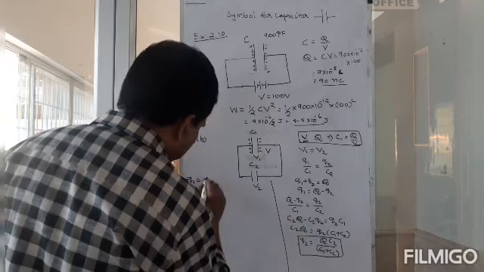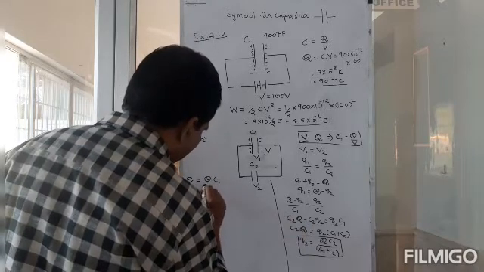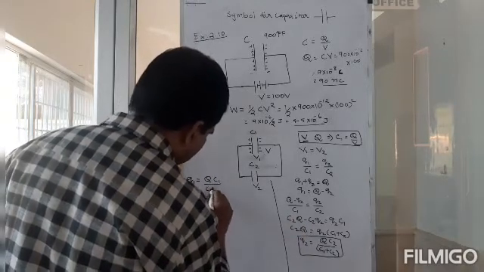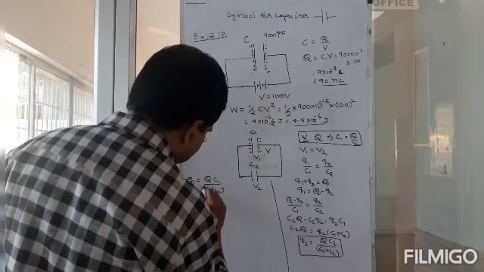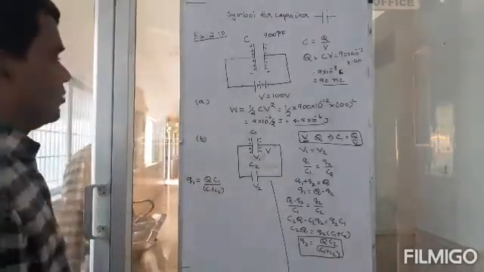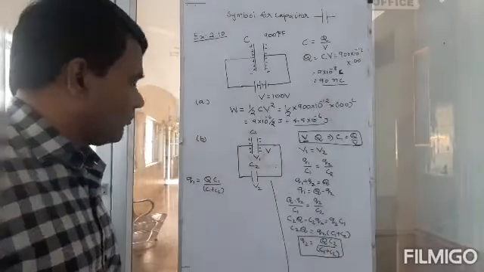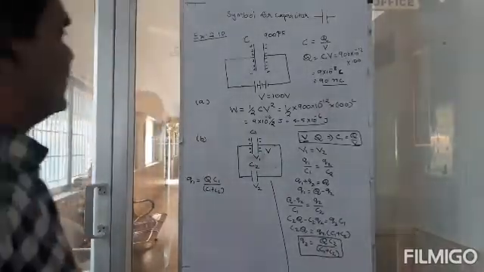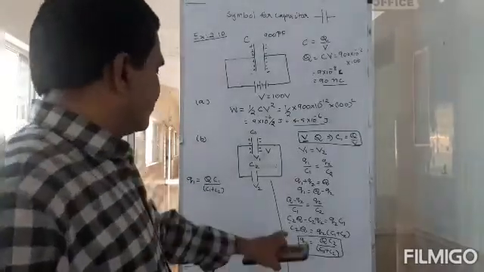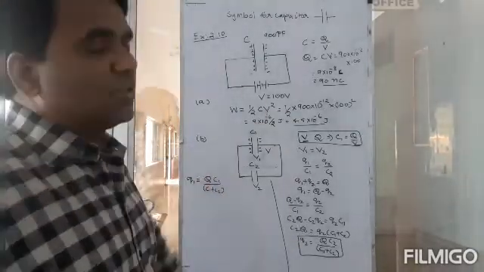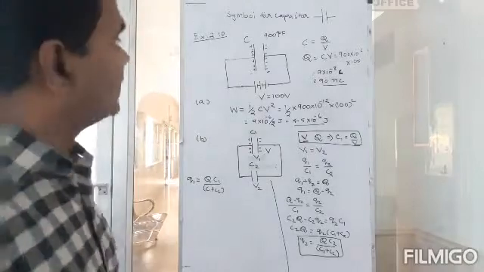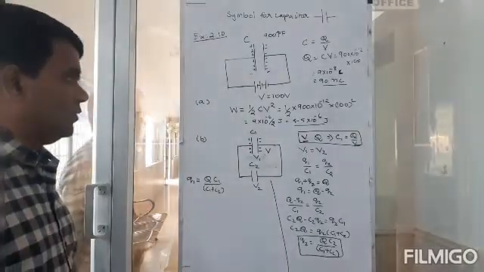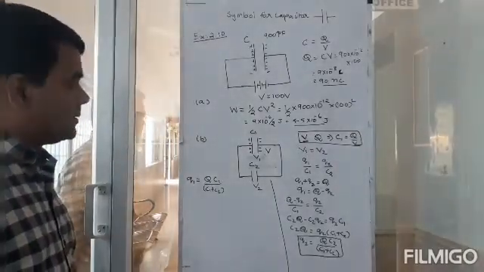Q1 can be written as Q into C1 by (C1 plus C2). Okay. So you got how Q1 and Q2 will split across the capacitors.